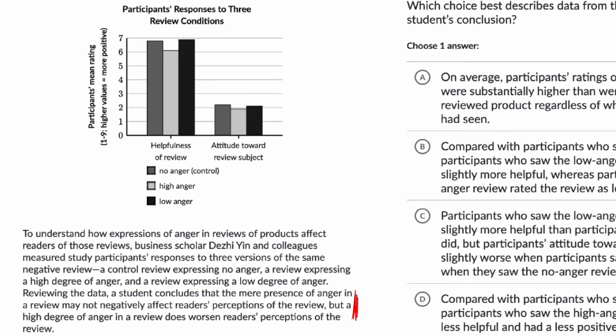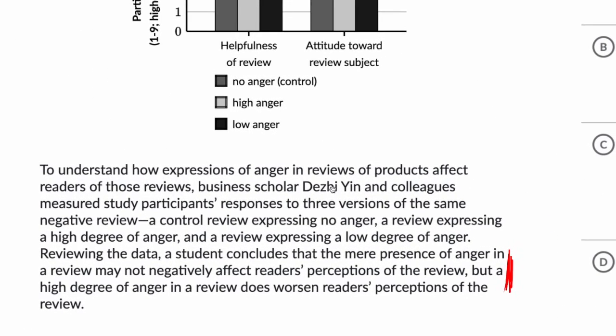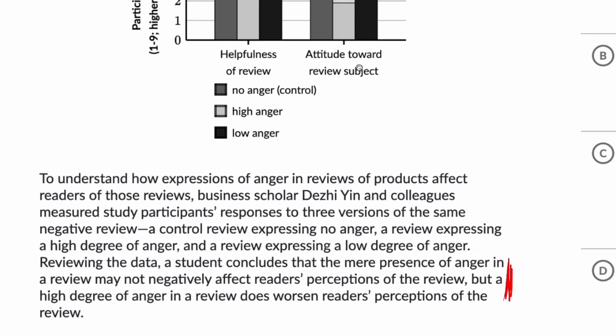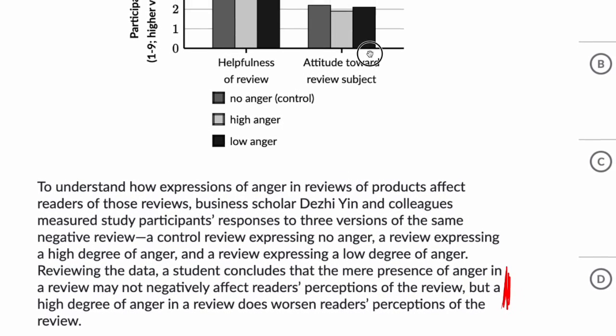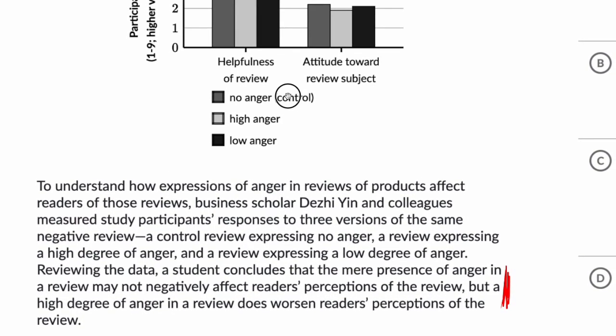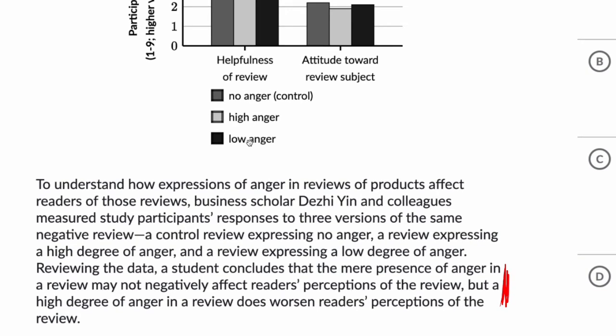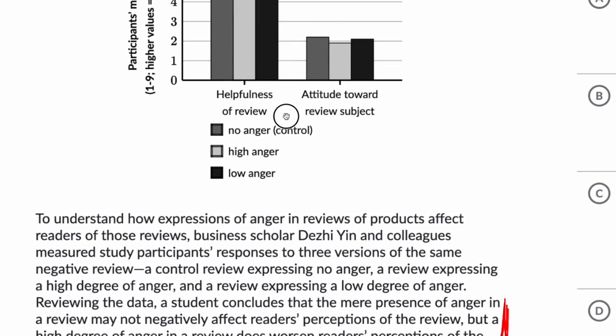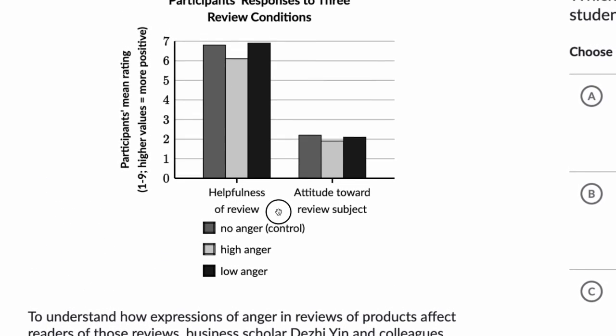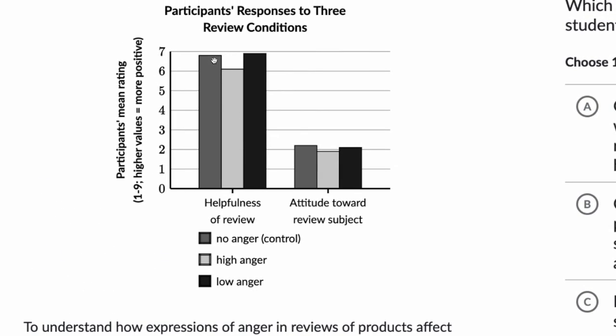Okay, so the perception of the review, not the thing being reviewed, the perception of the review. And so we look up here, we've got no anger, the control, high anger, and low anger. And so if we look at the measurement of helpfulness of the review, we see that the high anger condition, yes, that is the lowest.